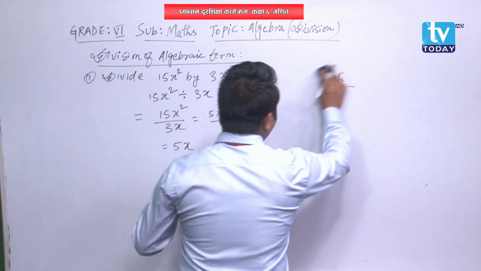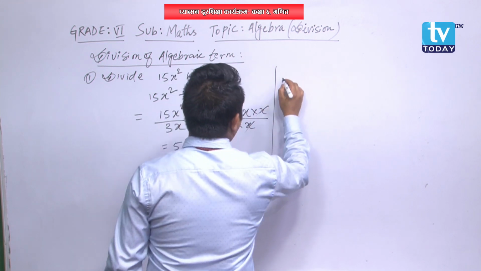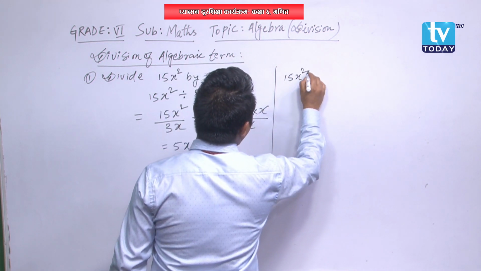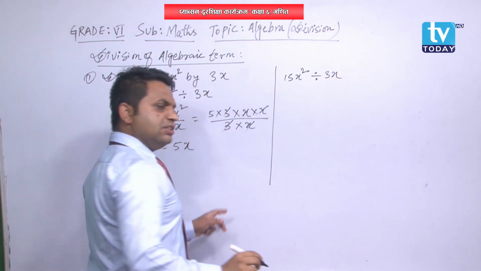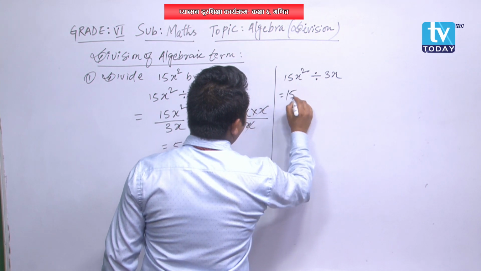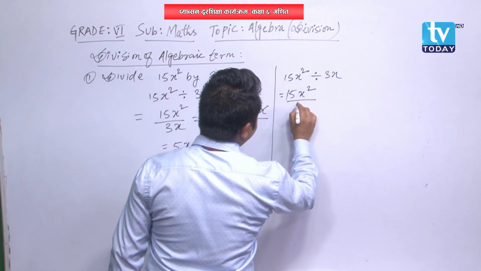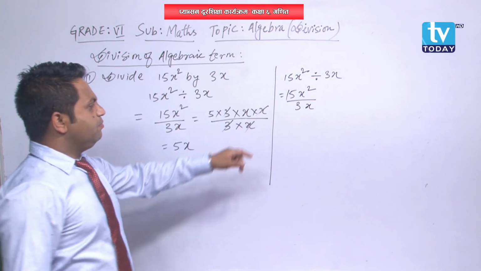Alternately, you can do it in this way also. Let's check here: 15x square divided by 3x, same question. Now check the power of the variable, the base.